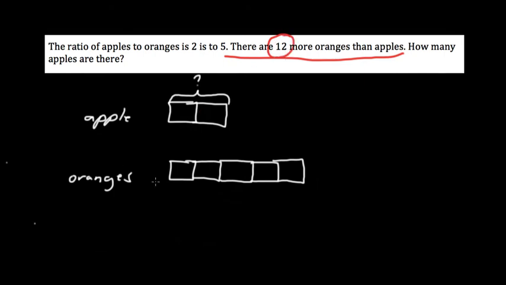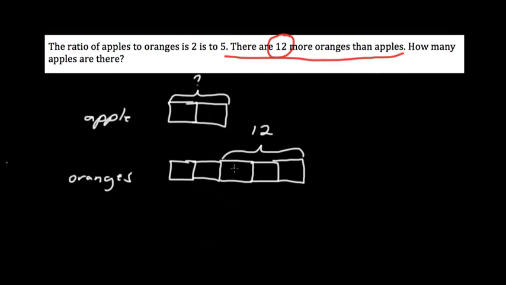Well, if you look closely, in terms of boxes, there are 3 more boxes for orange than there are for apples. So that means that these 3 boxes is 12, right? Because that's the excess number of oranges compared to apples.